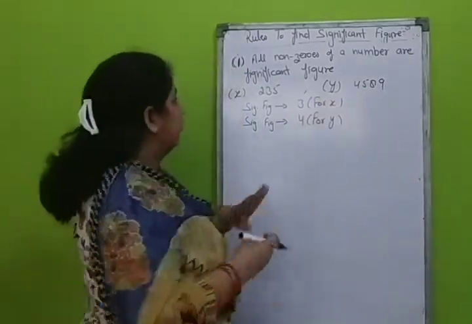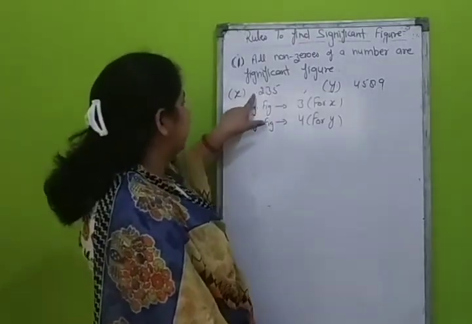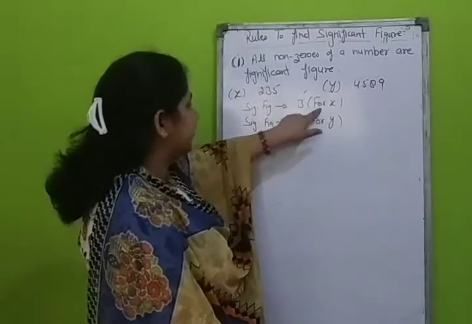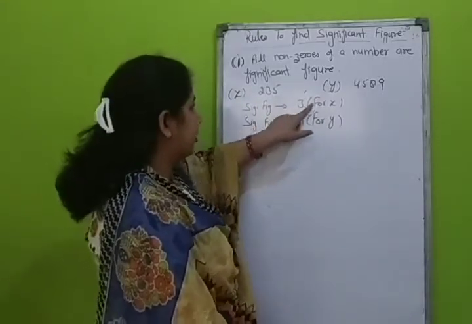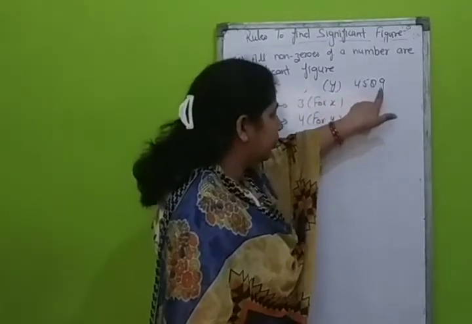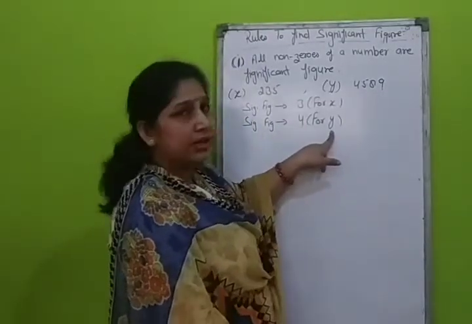Got it? We count all the non-zero digits: 1, 2, 3, so in x we have 3 significant figures, and in y we count non-zero digits 1, 2, 3, 4, which means 4 significant figures for the number y.